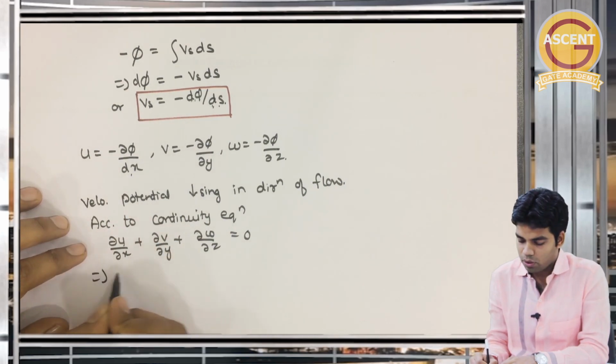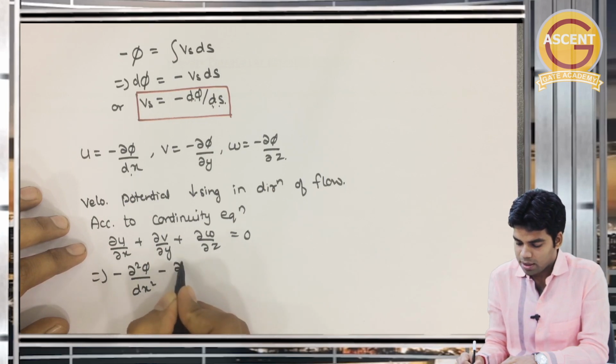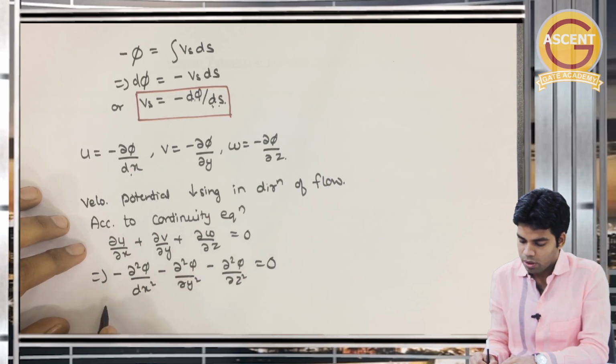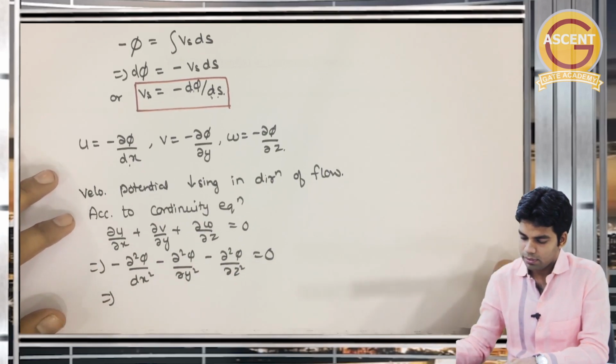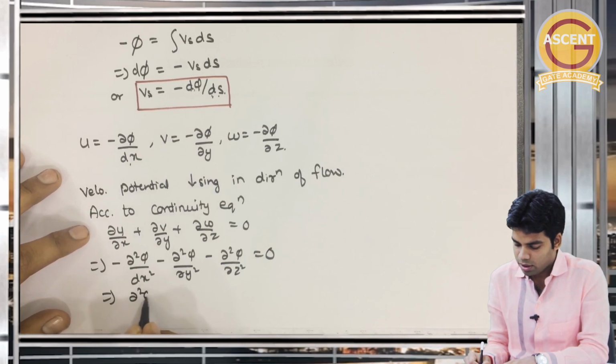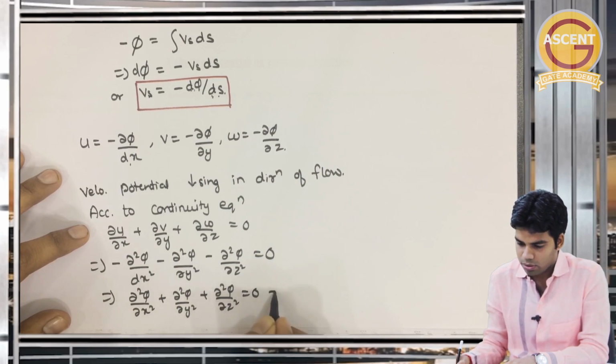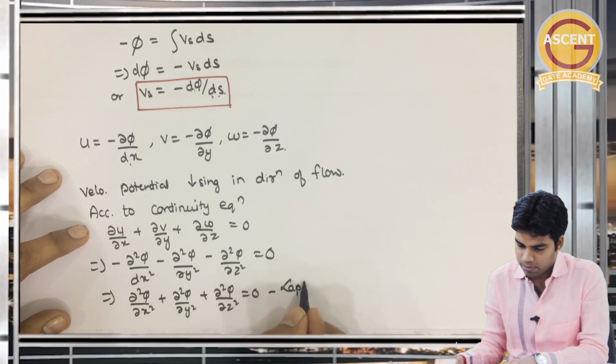Okay, so this will be equal to minus del 2 phi by del x square minus del 2 phi by del y square minus del 2 phi by del z square is equal to 0, or you can say del 2 phi by del x square plus del 2 phi by del y square plus del 2 phi by del z square is equal to 0. Okay, this is the Laplace equation.